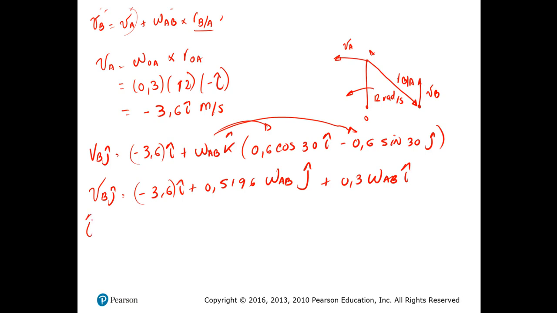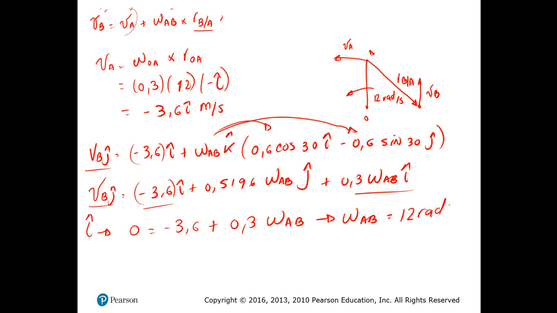For i, I get 0, because there's no i on the left side of the equation. So 0 equals minus 3.6 plus 0.3 omega_AB. From here, I get that omega_AB equals 12 radians per second.